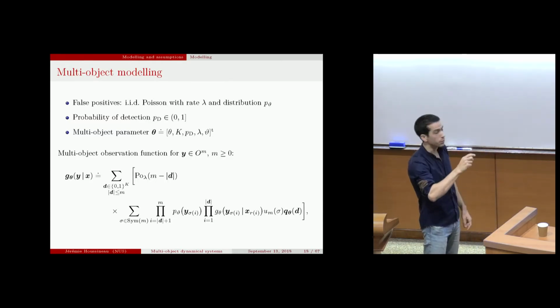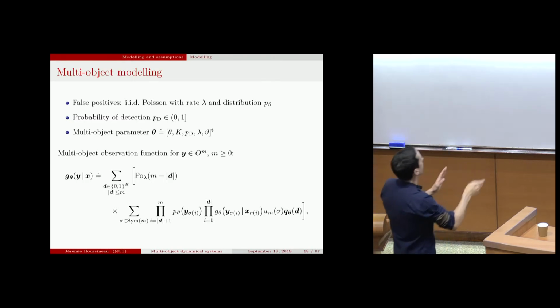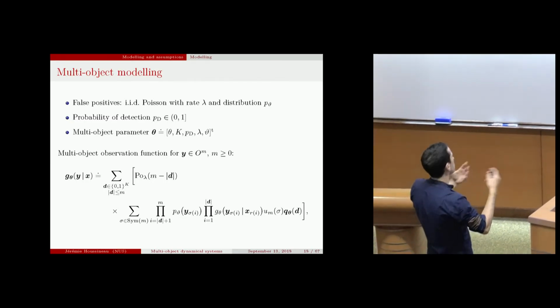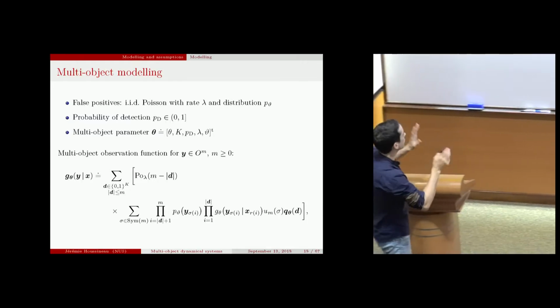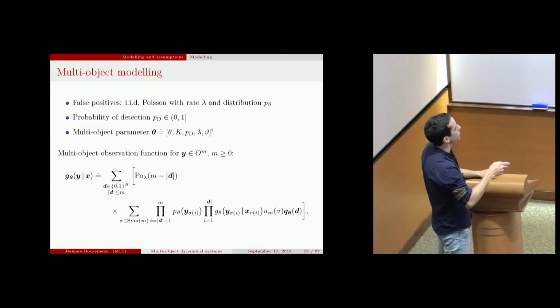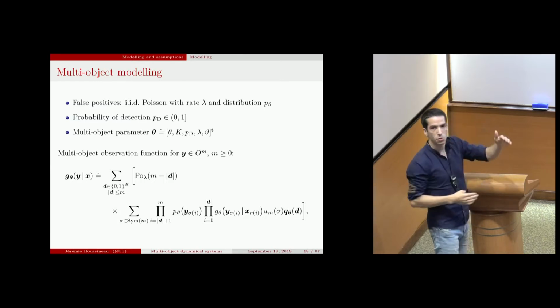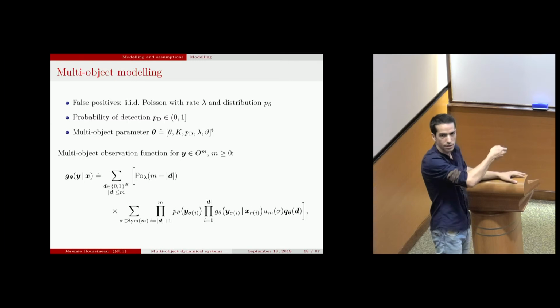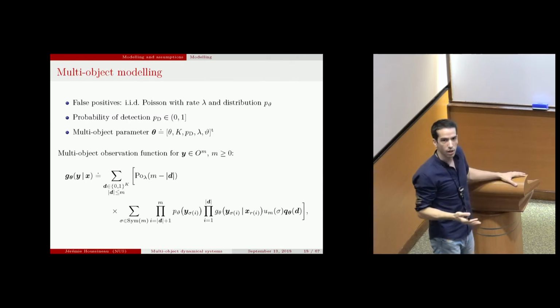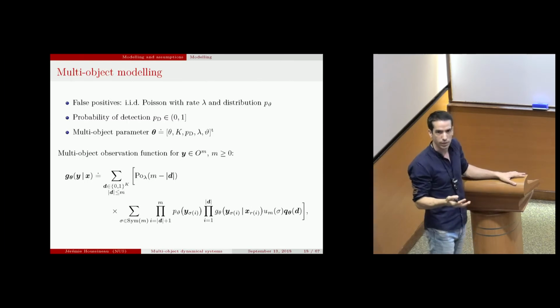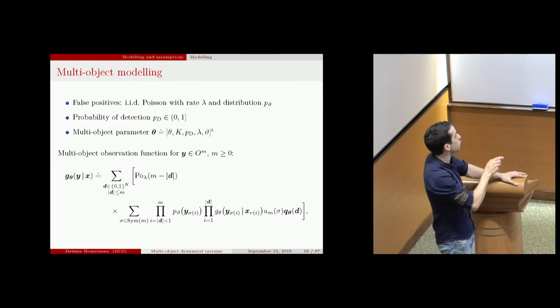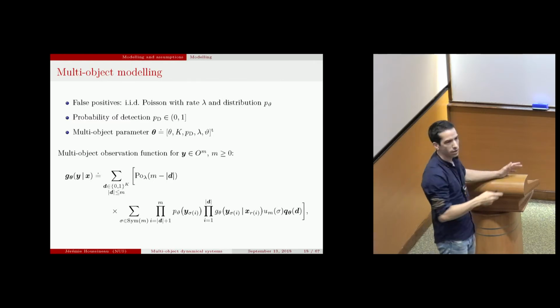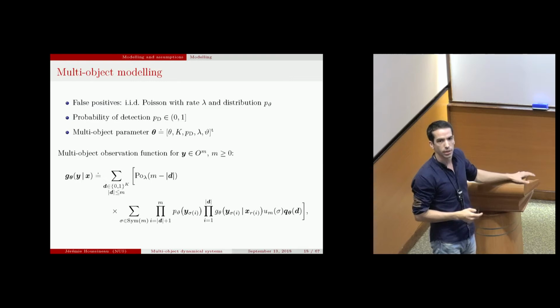I didn't put all the details because it gets complicated, but in the big picture, you're just assessing the likelihood of some observations Y you've received, given some state x, and in the end you'll be interested in integrating over x with respect to some prior. So in this sense, it's really just a normal likelihood. It's just that this expression is complicated.